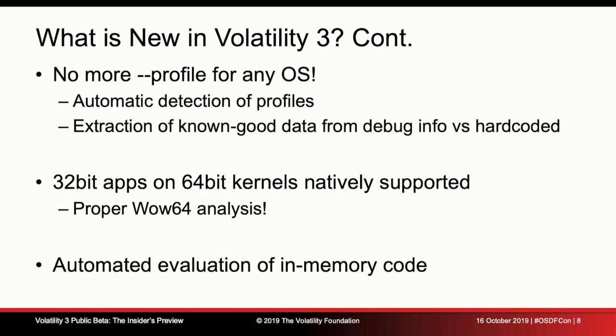So even if you just download a copy of Volatility and you have no profiles or symbol tables or anything like that, you can just run it, and as long as it's got an internet connection, it'll figure out where the kernel is. It'll try and grab the PDB file. It'll take a little bit of time converting that into a profile, but it'll save it for you, so you'll never have to do it again. And then it'll run the plugin and tell you what it wants to know.